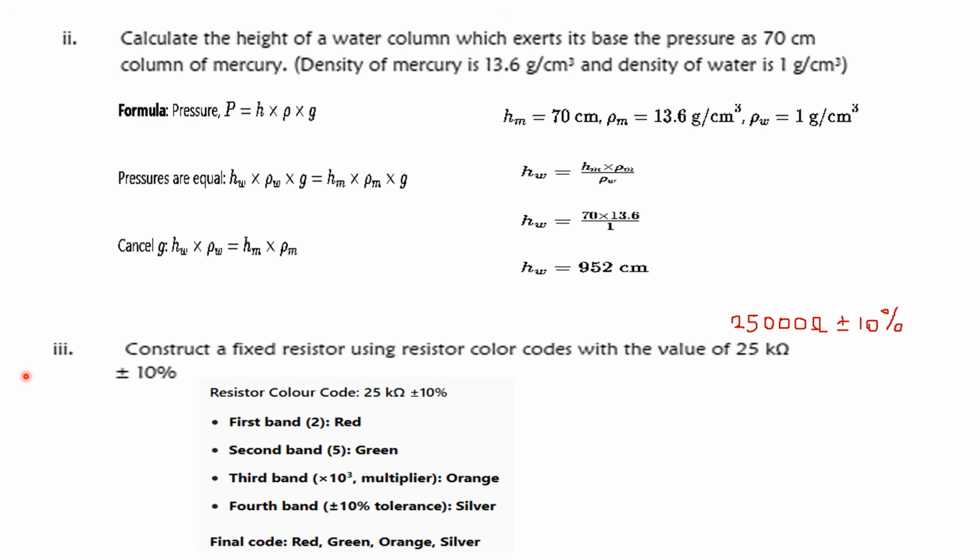All right, so remember that there are basically 10 colors, and each color has a value. Starting with black, which has a value of 0.